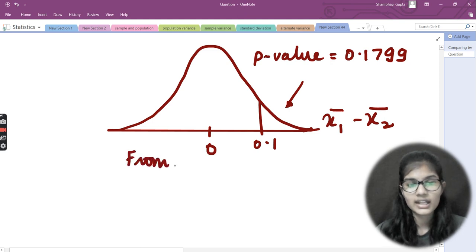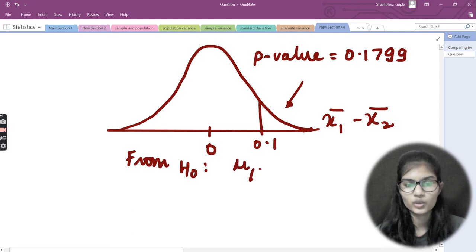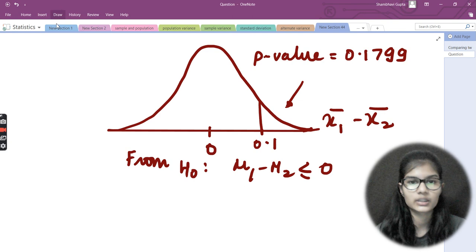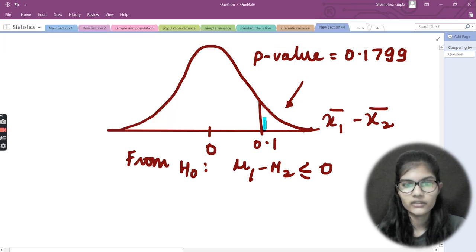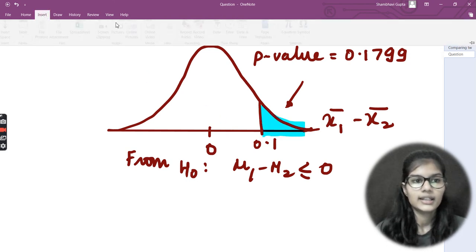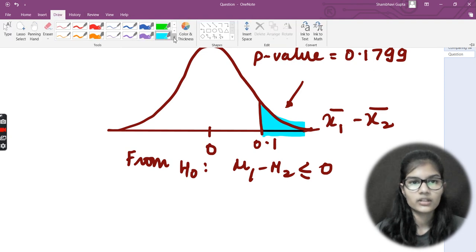And what we had concluded from H naught, that is from the null hypothesis, mu1 minus mu2 is less than or equal to 0, right? This we had concluded. And taking a color from here and filling this particular portion, right? Because this is the one which we had actually found, this particular portion. So that I have completed here.